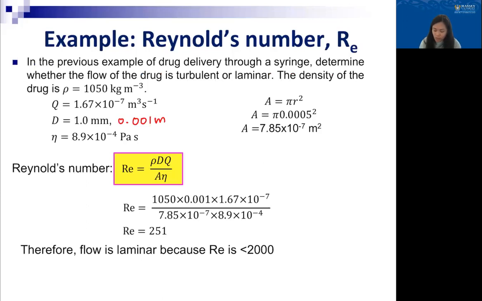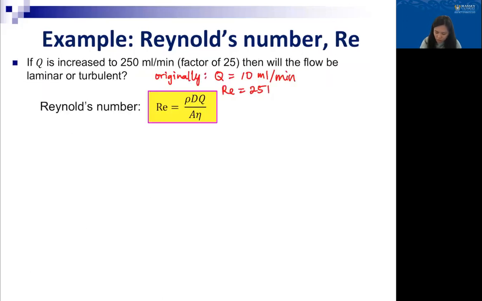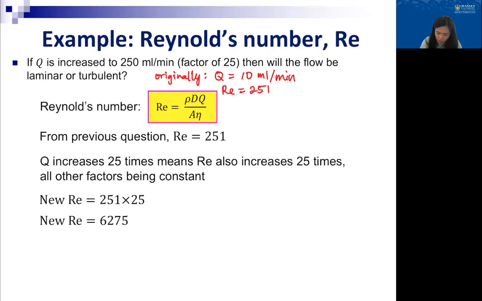So multiply 25 with 251. Or which Q? So Q from the original Q, so 10 milliliters. Oh, okay.